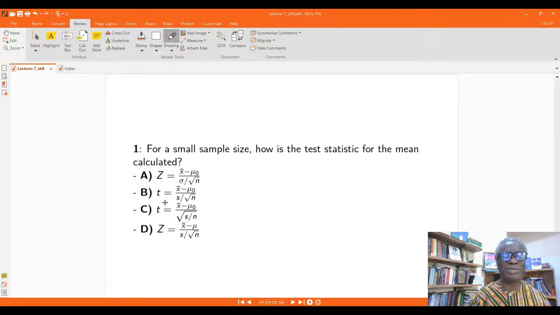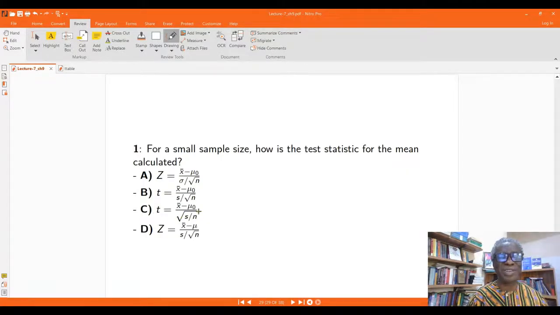If you also come here and you see X bar and mu naught, maybe, look at the others. The problem here is the S that is not squared but is inside the square root.